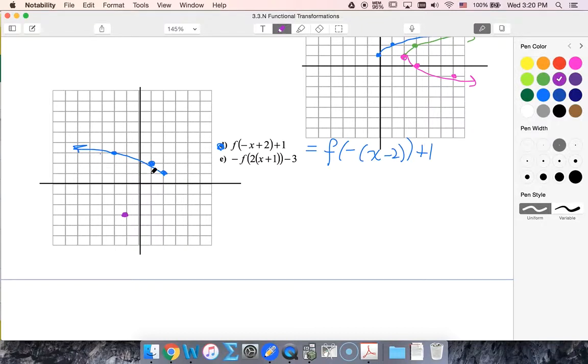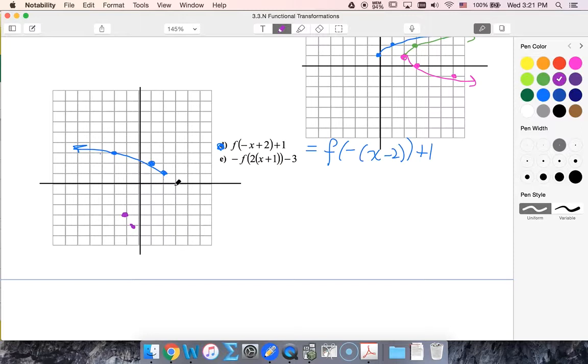Okay, I'm going to take my point (1, 1), so that would be on my original. I'll reflect it over the x-axis and then move it down 3. Take my 1, divide it by 2. That's going to give me a half as my x value, and then move it 1 to the left.